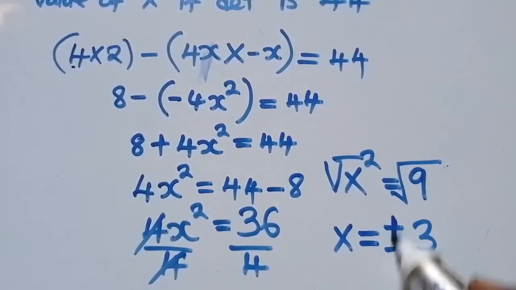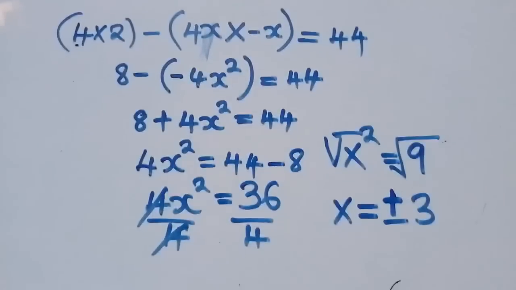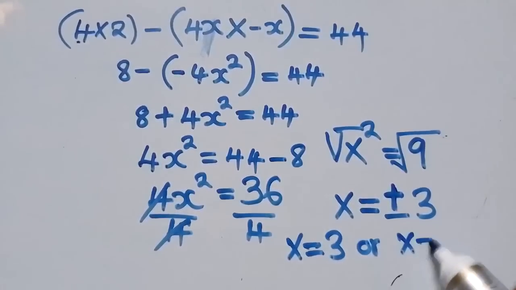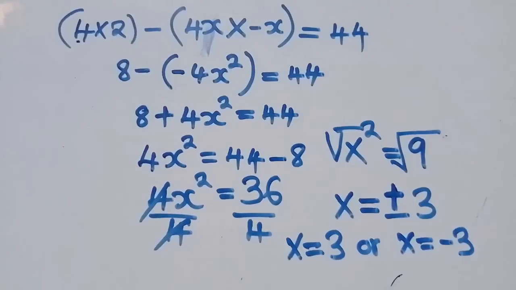This is what you need to do. So either you get a positive answer or a negative answer. You say x is equal to 3 or x is equal to negative 3. This is how you get to answer such a question. The question will be specified. They will tell you to find a positive value of x or a negative value of x.